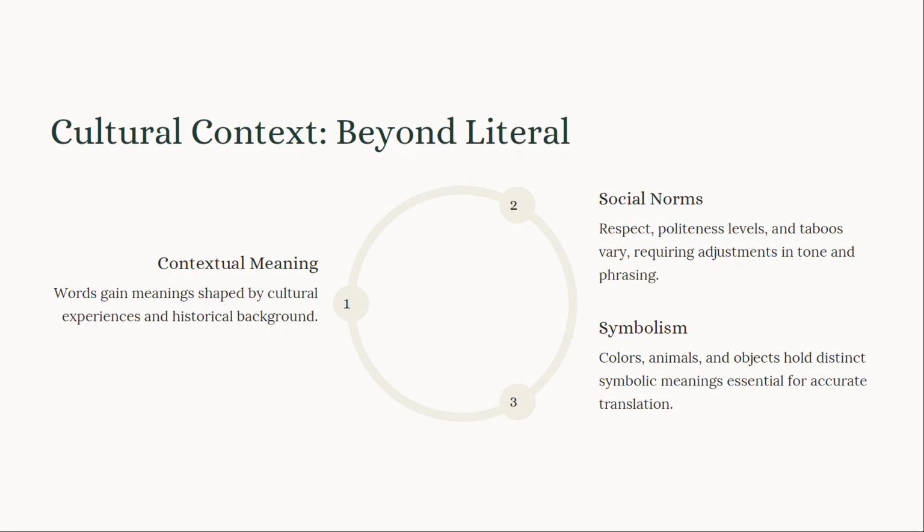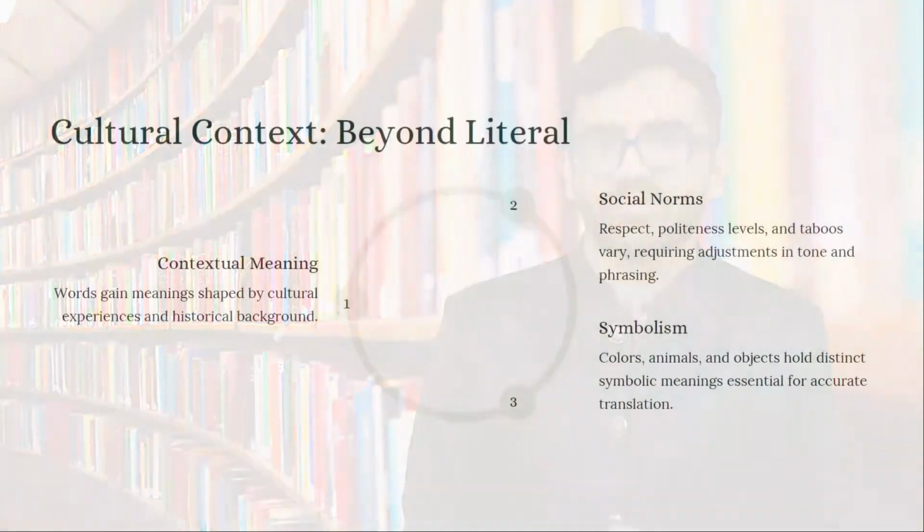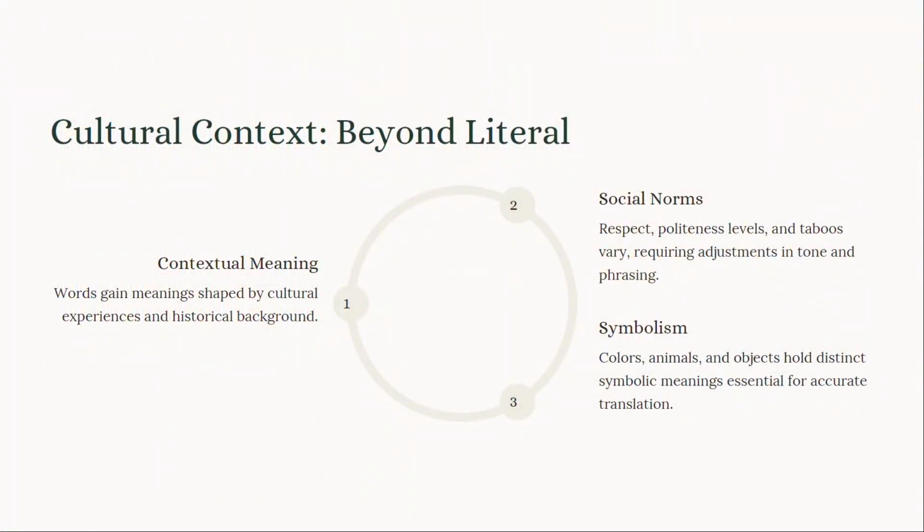Contextual meanings, then second is social norms, and the third is symbolism. What about symbolism? Can we have the slide? For example, colors. When somebody dies in Indian culture, we wear white clothes, whereas in Western culture, black represents death. So there are symbolisms, for example colors, animals, and objects that hold distinct symbolic meanings, which are very essential for accurate translation.